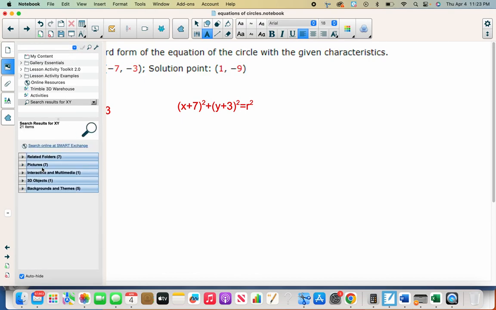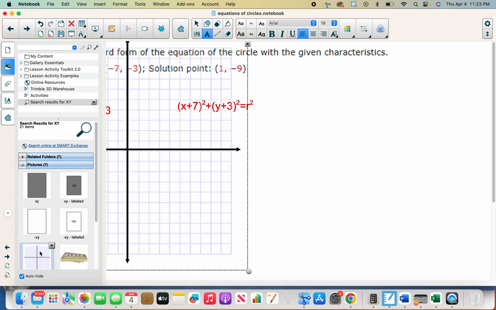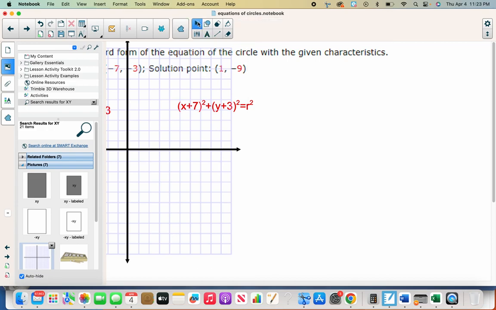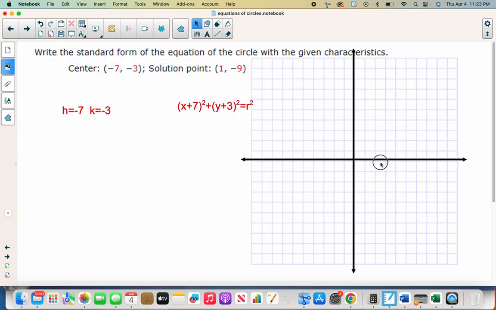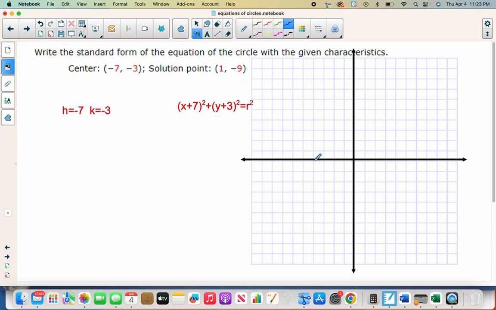All right. If we're going to look at a graph and just plot the center, which we said was negative 3, negative 7, 1, 2, 3, 5, 6, 7, is our center. And then a solution was 1, -9.